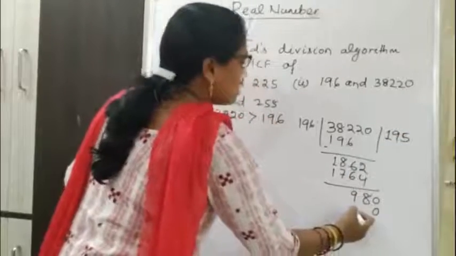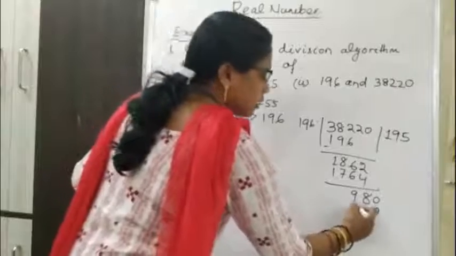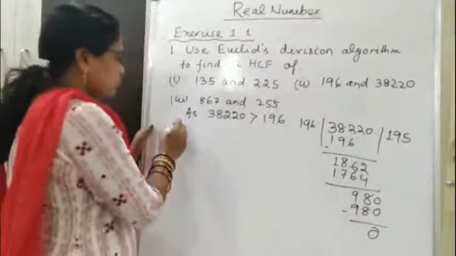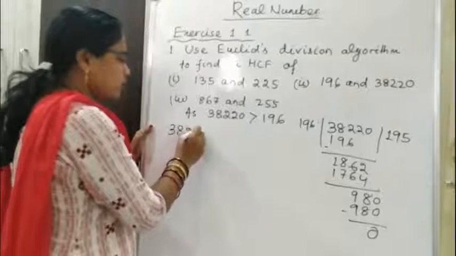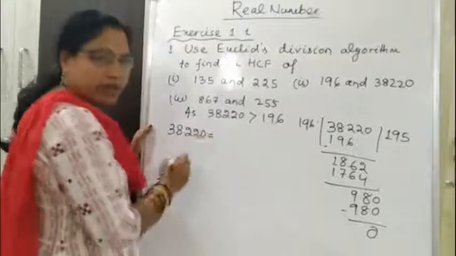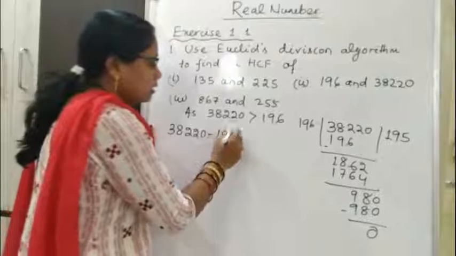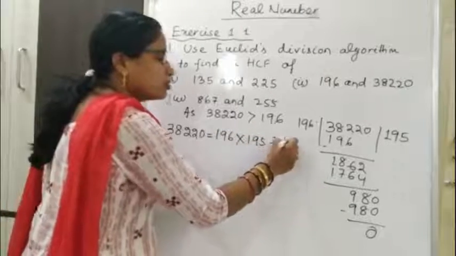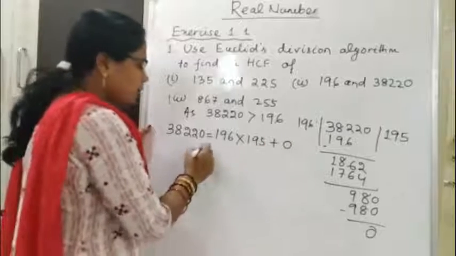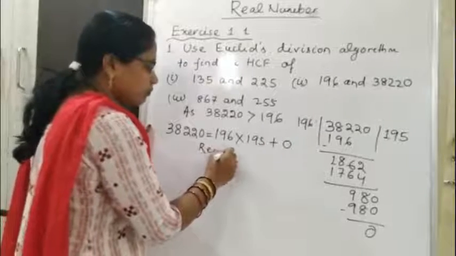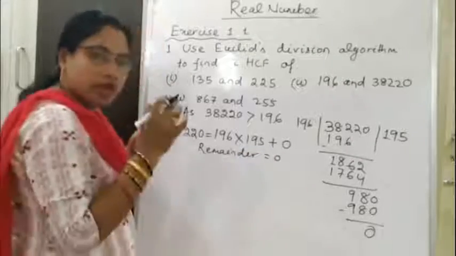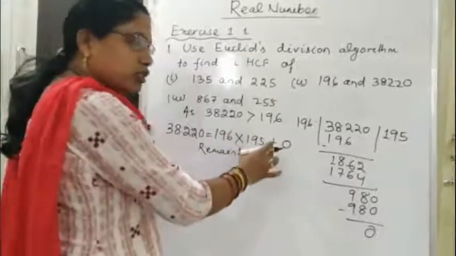5 sixes are 30, so 98. So the remainder is 0. So 38,220 can be written as 196 into 195 plus 0. Here the remainder is 0.